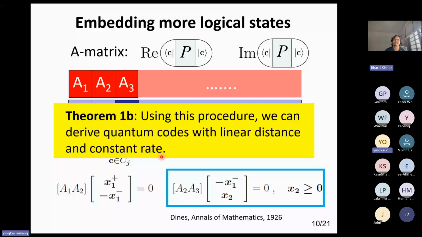Is the weight large? If, let's say, it's also LDPC, then it solves the good LDPC question, right? Yes, we were motivated by the LDPC question.